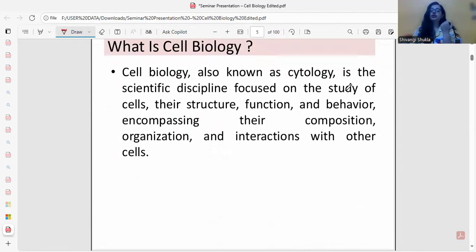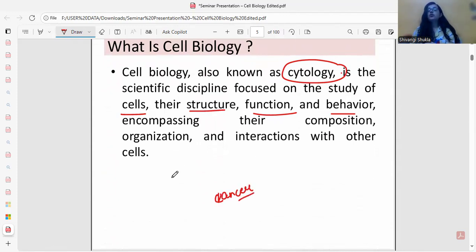Cell biology, also known as cytology, is the scientific discipline focused on the study of cells: the structure of the cell, the function, the behavior, encompassing their composition, organization, and interaction with others. A very basic example that I might take here is that of cancerous cells.